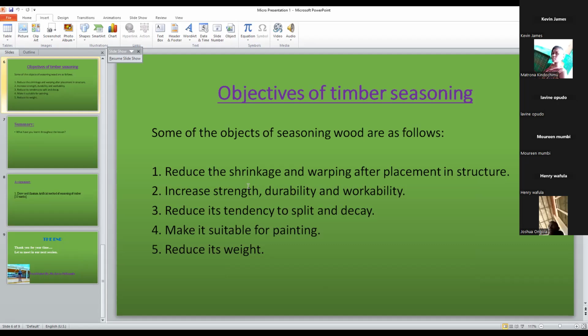And lastly, reduce its weight. While not all treatments reduce the weight of wood, some processes such as kiln drying remove excess moisture, thereby reducing its overall weight. So that's why we do seasoning.